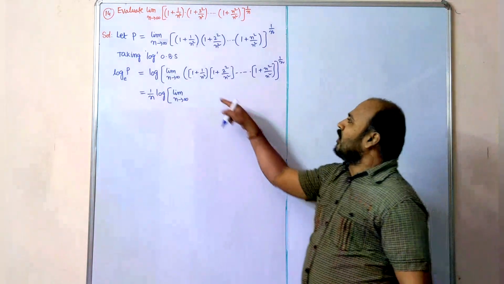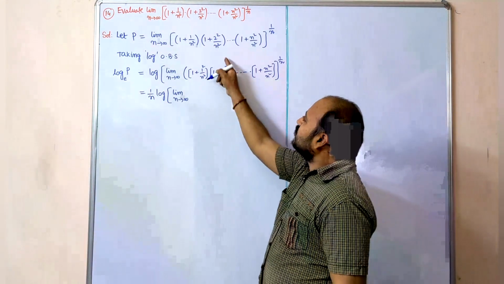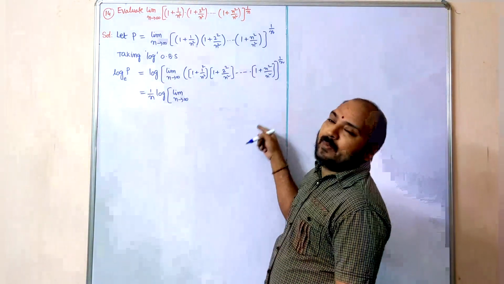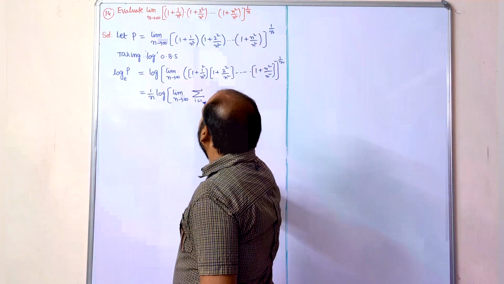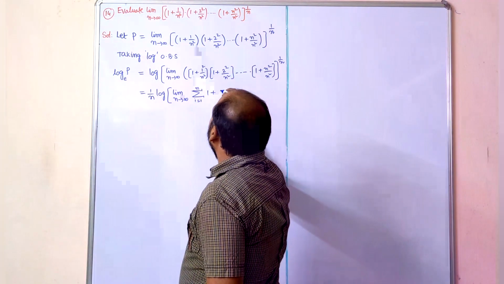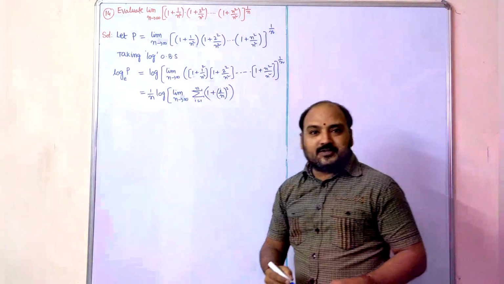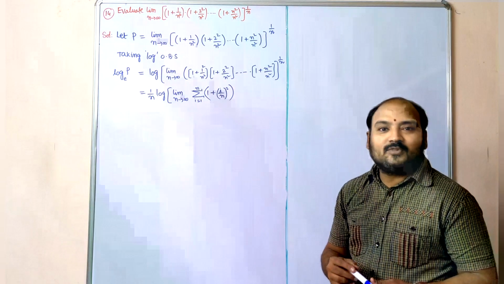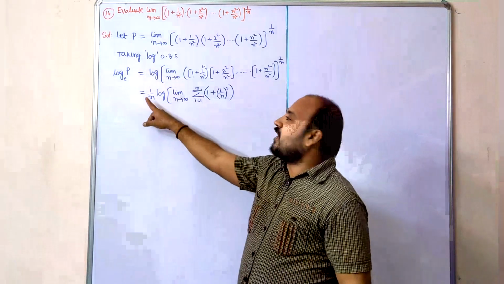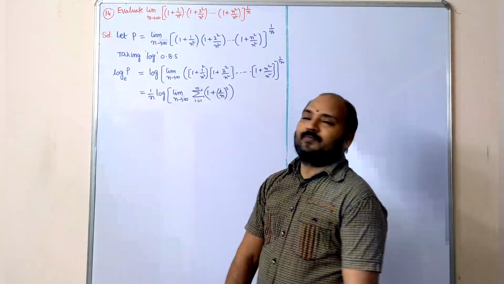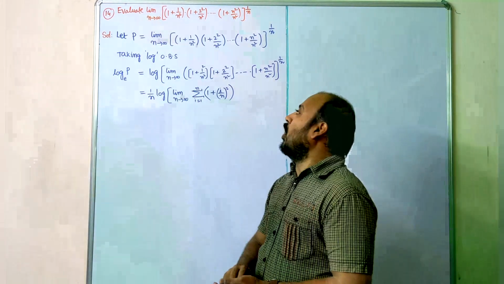Here we will make it 1 plus 1 by n square, that means 1 you can write as 1 square now. 1 plus 2 square by n square and so on 1 plus n square by n square. Can we write like this? Sigma i is equal to 1 to n, 1 plus (i by n) whole square. Am I right? After that, this 1 by n we are taking inside the log, and limit we can take outside of the log.